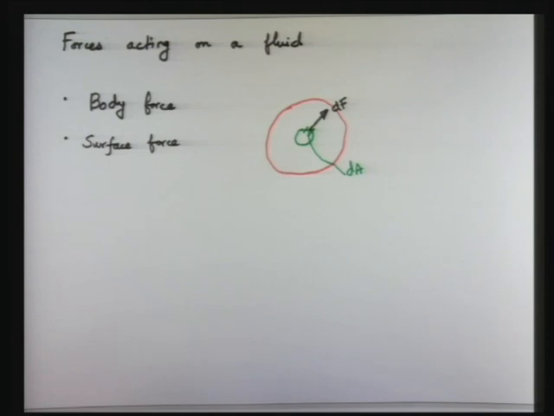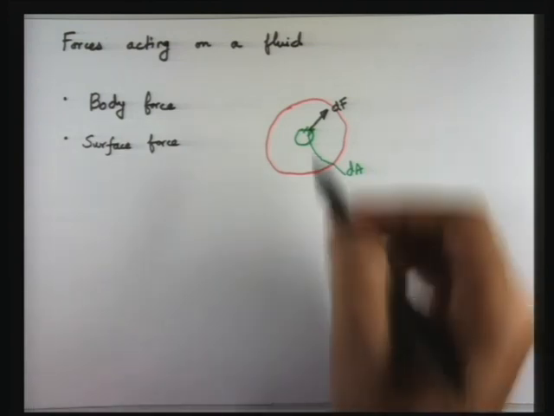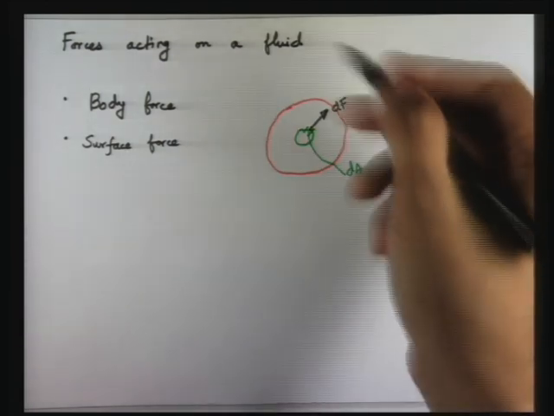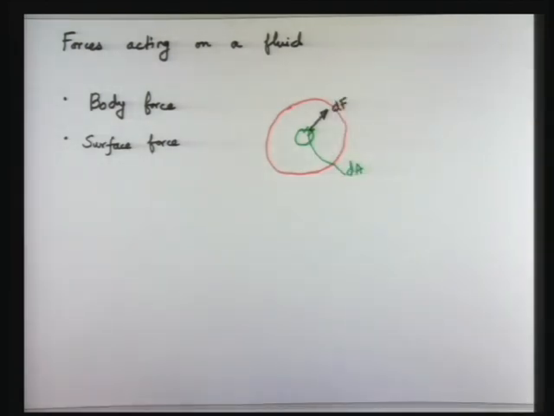If these are differentially small, we can call these dA and dF, but if these are reasonably small, we can use alternative symbols delta F and delta A. But we are not going into the details of this intricacy of symbols. It is more important for us to learn the concept.